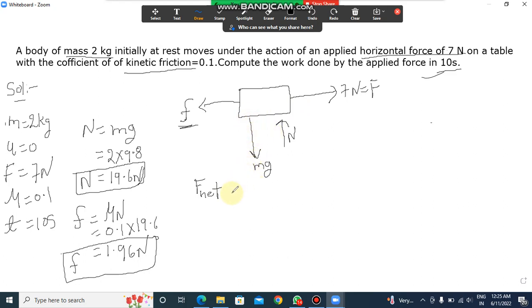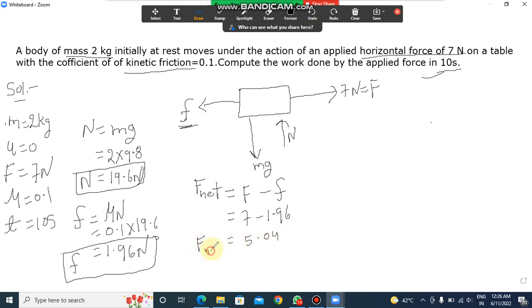There are no vertical forces, so I will take only horizontal forces, which are F, because it's in the positive direction, and minus f, because it's in the negative direction. So we have both now: 7 minus 1.96. When we calculate this, we will get 5.04. This is F net.